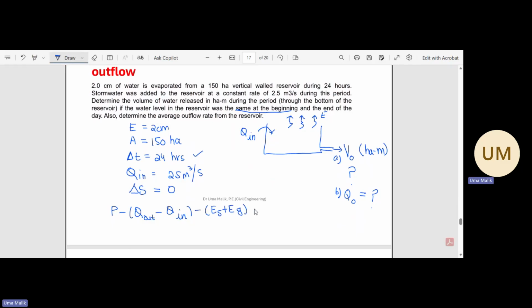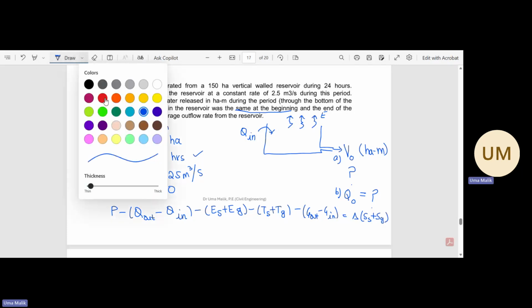There is no mention of groundwater because it's a reservoir. It's a vertical walled reservoir, so there is no mention of groundwater, no mention of transpiration. So G out minus G in is equal to delta SS plus SG.